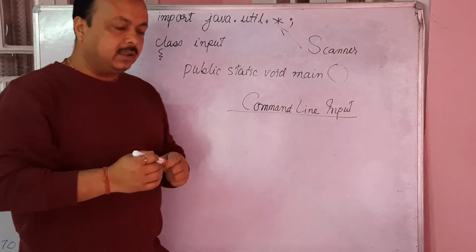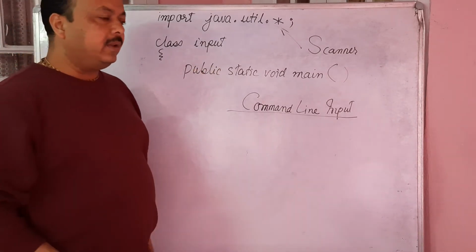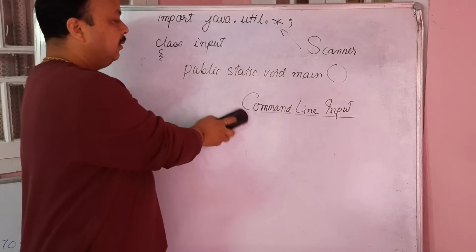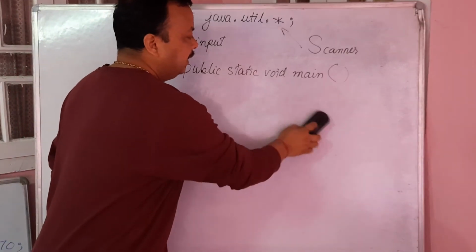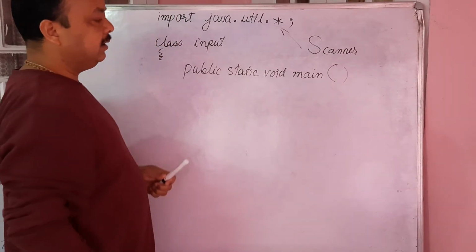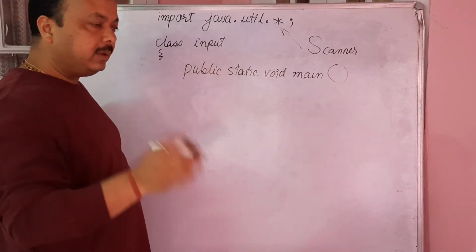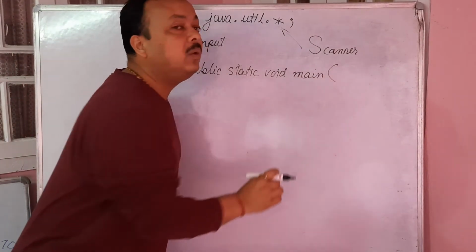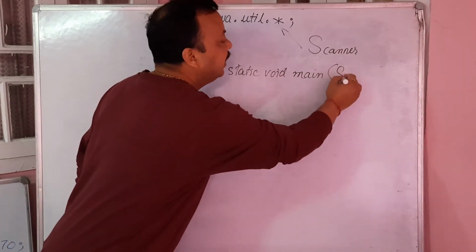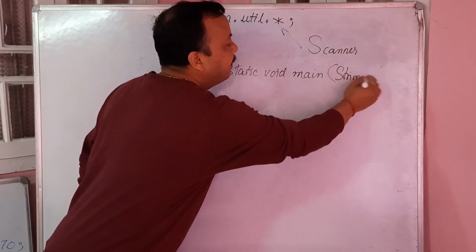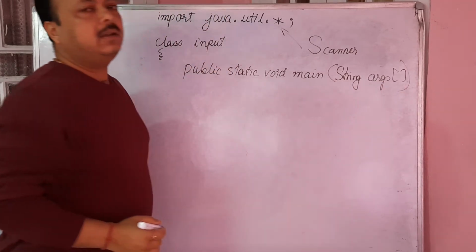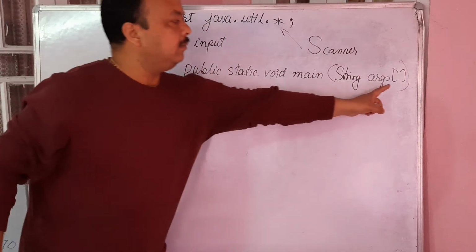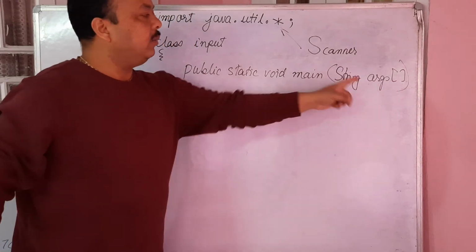That is another topic, we'll make a separate video for how to perform input using the command line. So only if you want to perform input through the command line can you write here String args and a pair of box brackets.